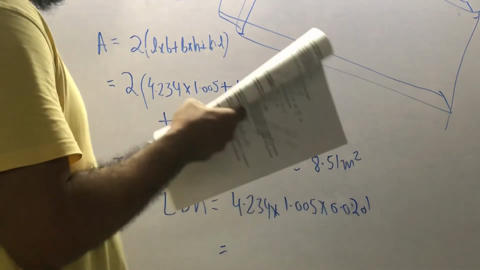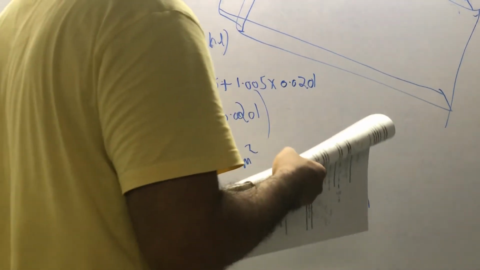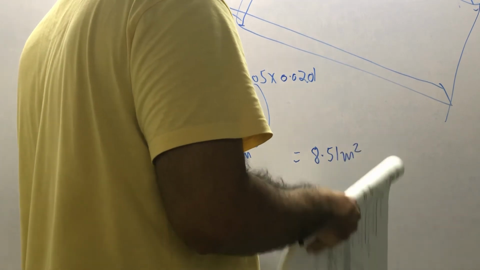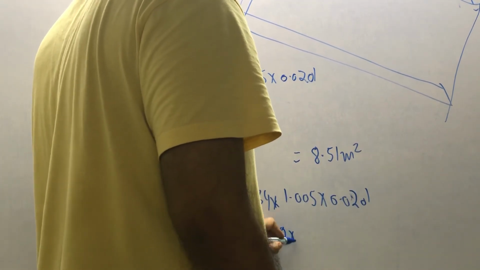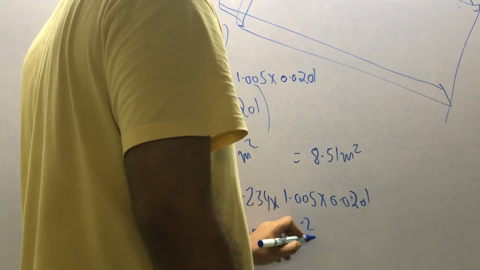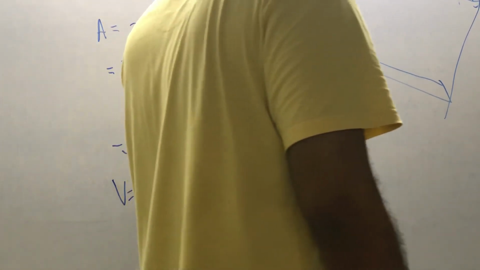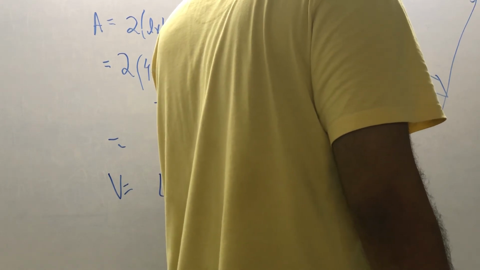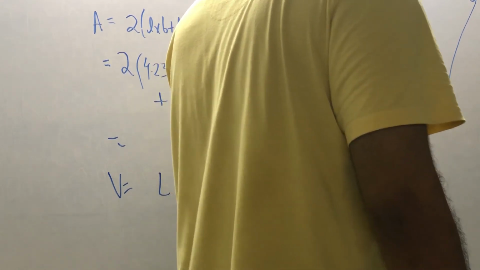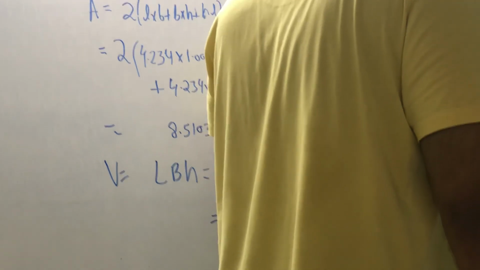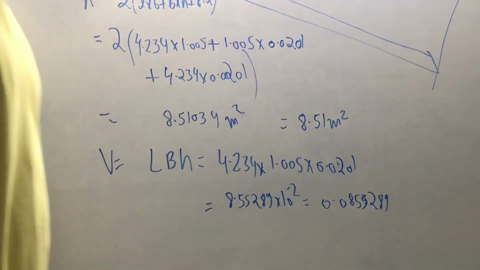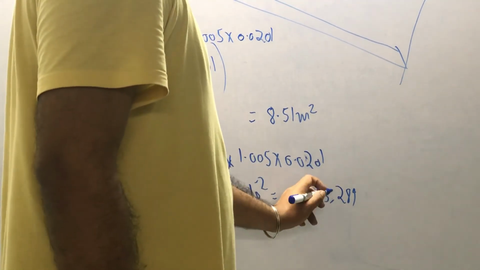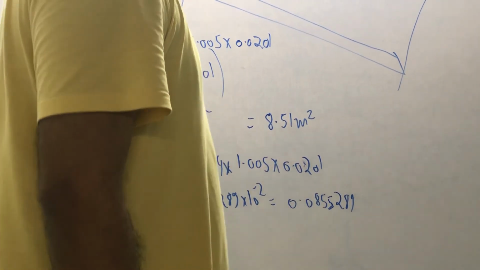Okay, so this value comes out approximately as 8.5528 into 10 raised to the power minus 2, that is 0.085289. Okay, whatever it is, 0.085289. So what will be the correct answer?